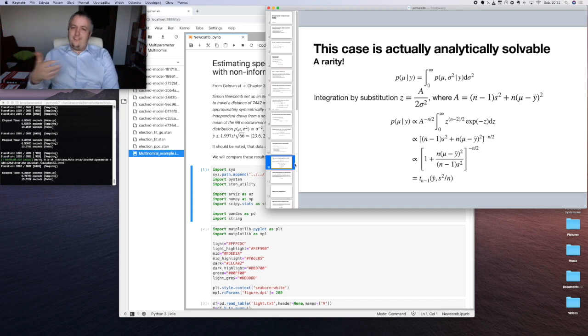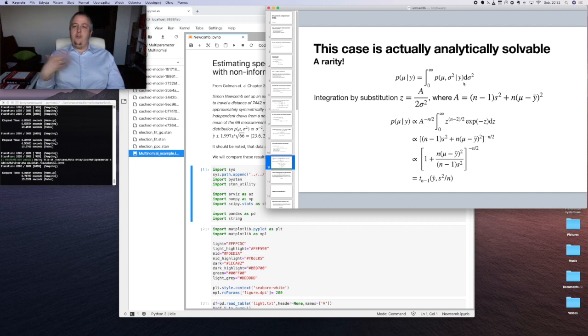But in this special case, which is again a special case of a special case, we can see that this problem is also analytically solvable, because our original distribution can be integrated by a certain substitution, in this case substituting z for sigma squared.